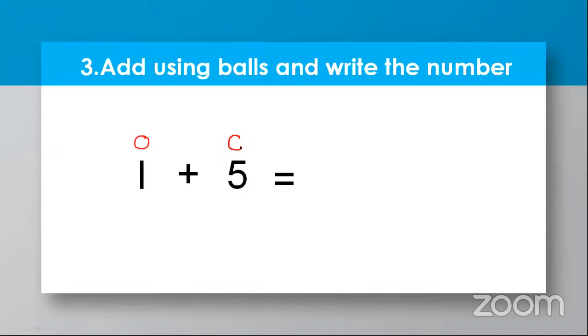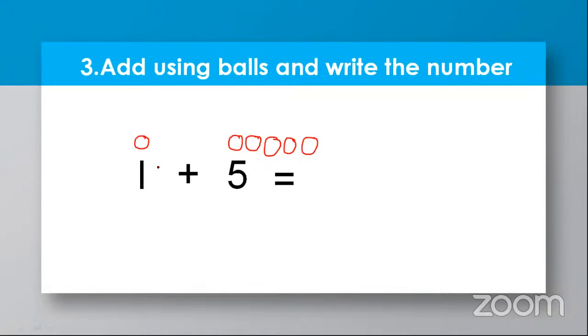1 ball, 2 balls, 3 balls, 4 balls, 5 balls. Now I told you this plus sign here means you count them together. After drawing your balls, you count them together and then you write the number here.